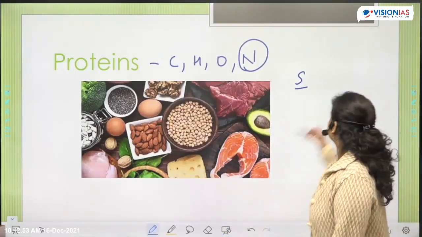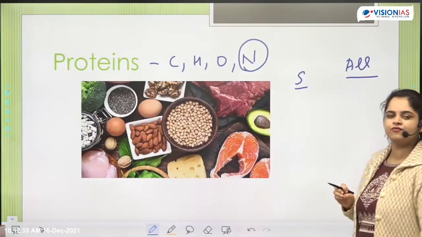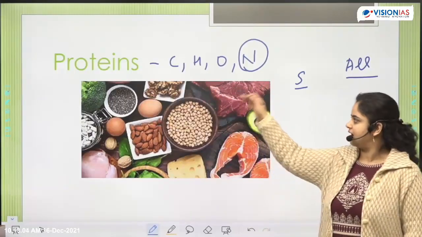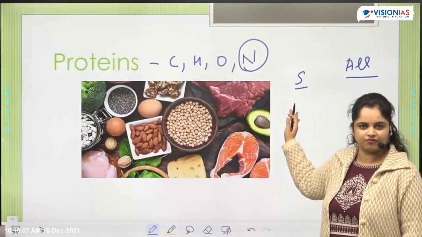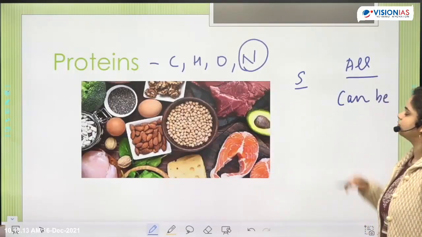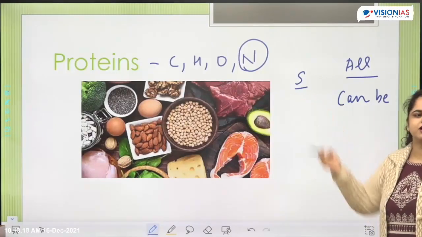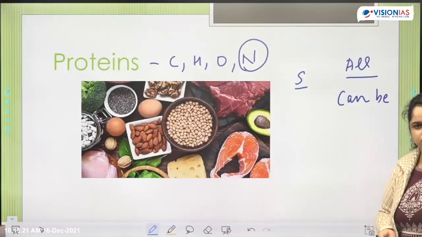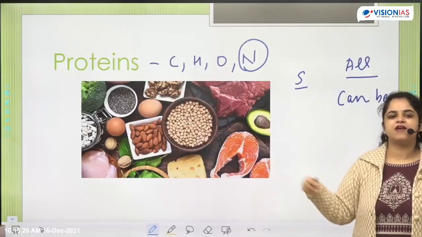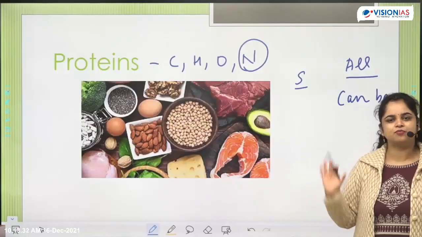If I ask you a question, which of these are found in all proteins, then you will select these four things: carbon, hydrogen, oxygen, nitrogen, and not sulfur. But if there is a statement which asks you which can be found in proteins, then we can always include sulfur also. But carbon, hydrogen, oxygen, nitrogen will always in every case be present in the proteins.